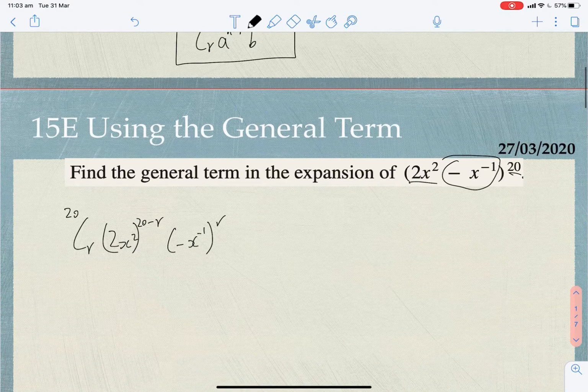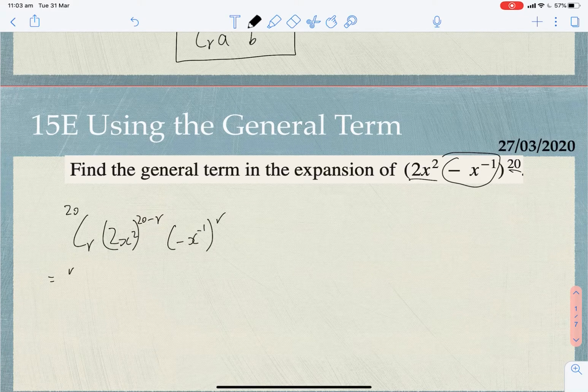So we can also simplify this as well. I'll show you what I mean. For the 2, we can separate it out using the index law. So 2 to the power of 20 minus r, and then x squared to the power of 20 minus r, so according to the index law, it is 2 times whatever's on top.